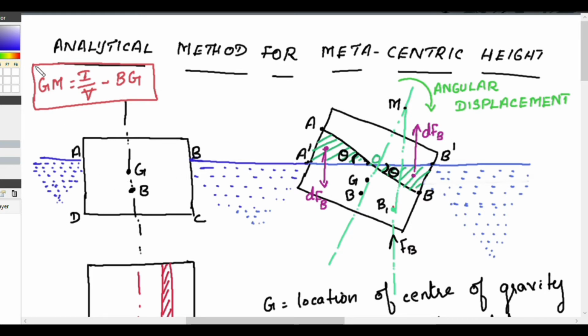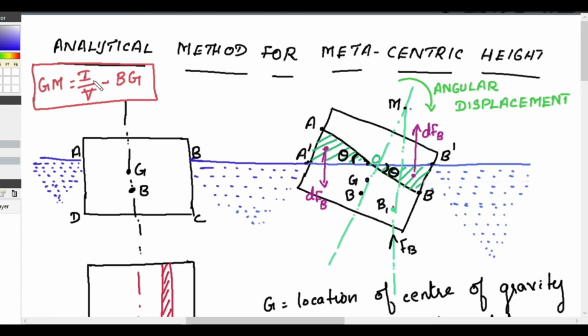The formula is GM, which we know is the metacentric height. Our formula is GM = I/V − BG.